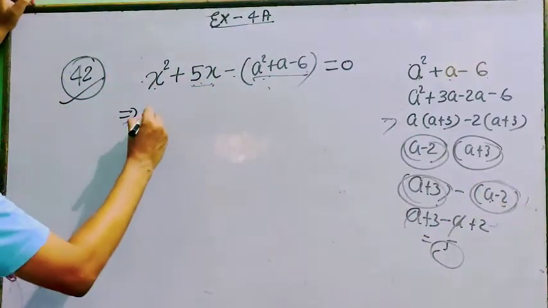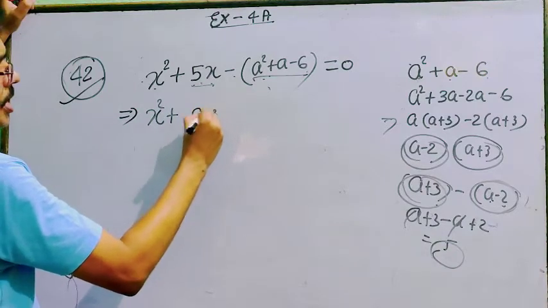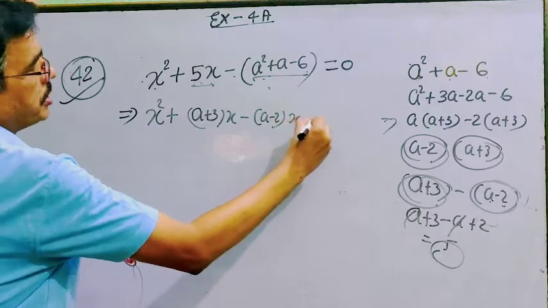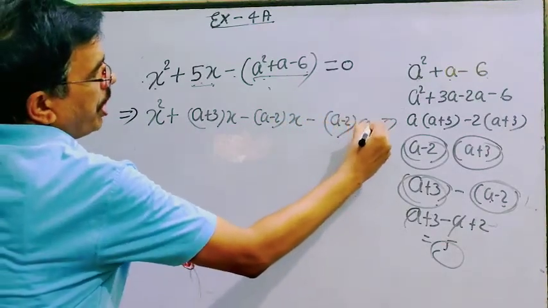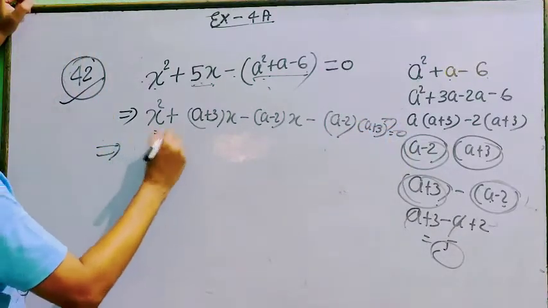So here you write x² + (a + 3)x − (a − 2)x − (a − 2)(a + 3) = 0, its factorized form. What is common here?